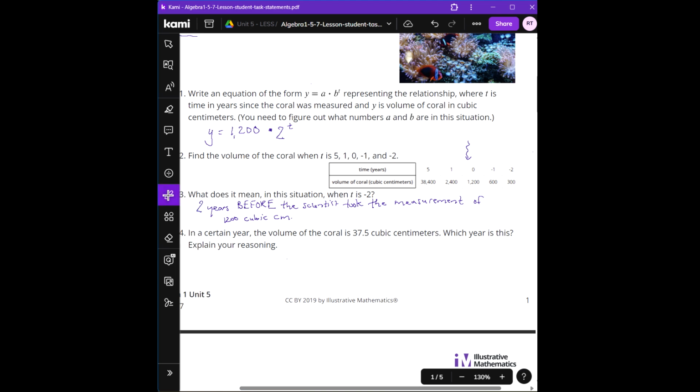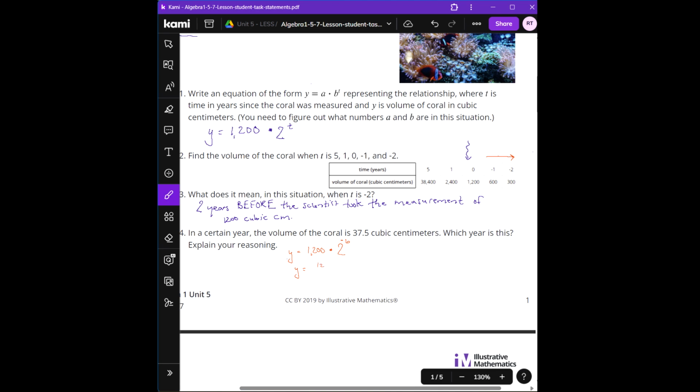So if we have y equals 1,200 times 2, now we see that it is decreasing when we go to our negative time. So I'm just going to go ahead and guess a number. Okay, we'll do 6. All right, and so here we're going to have y is equal, this is negative 6.